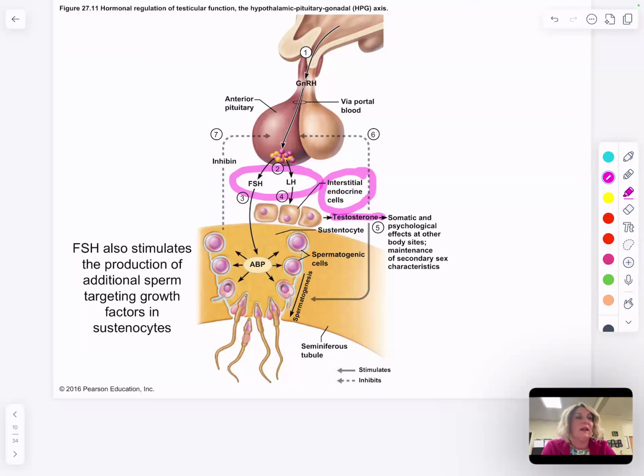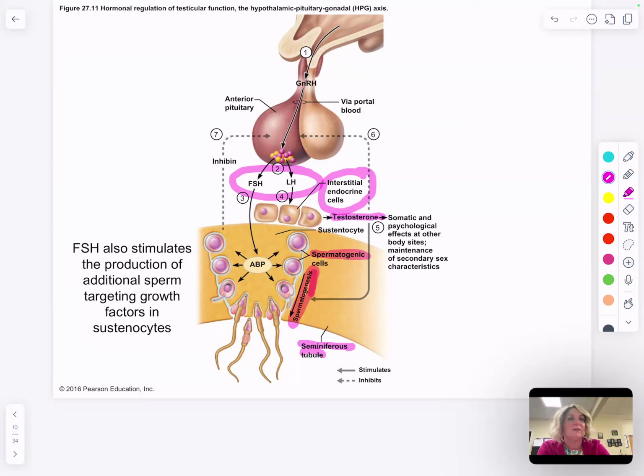That testosterone then affects the body and everything that needs it. The follicle stimulating hormone will go to the spermatogenic cells where spermatogenesis will occur. Genesis meaning birth, and then obviously sperm, so the birth of sperm. And that is all done in this seminiferous tubule.